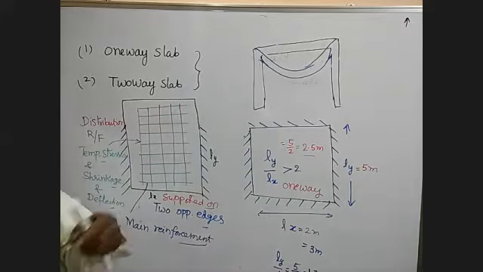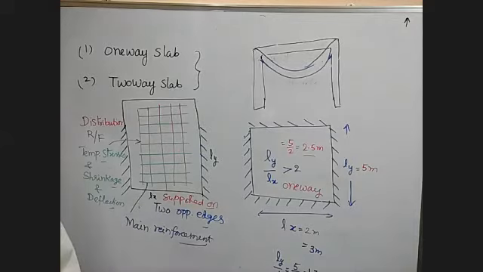Whenever the bending takes place, you have to provide the reinforcement to take care of the tensile stresses, since concrete is strong in compression whereas weak in tension. Just like in the beam, the same thing can be adapted here. That reinforcement we call the main reinforcement. The other reinforcement we call distribution reinforcement.